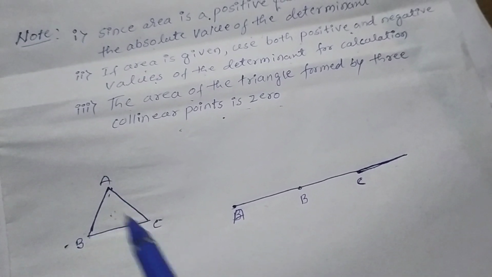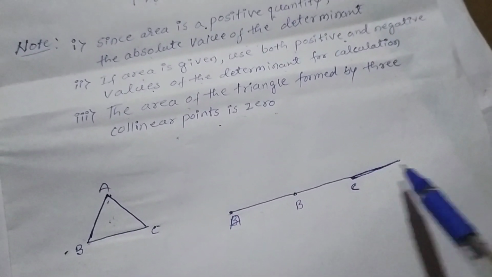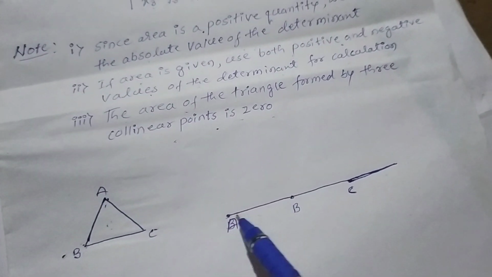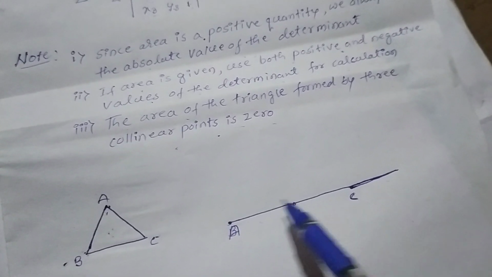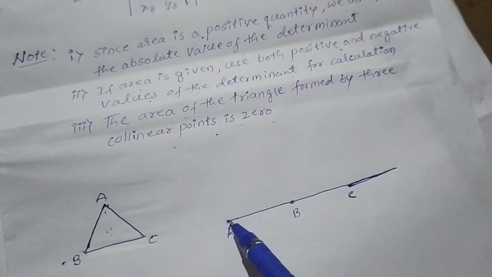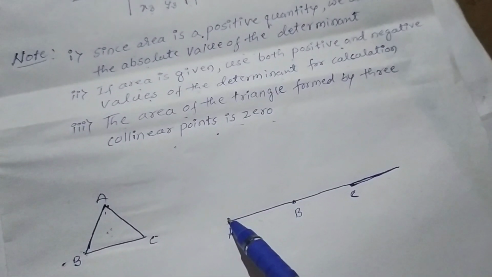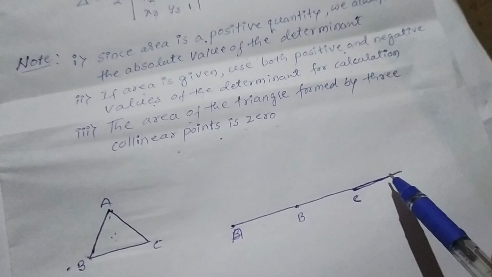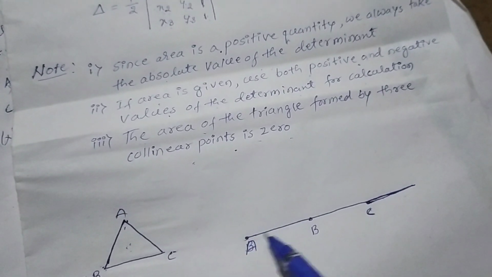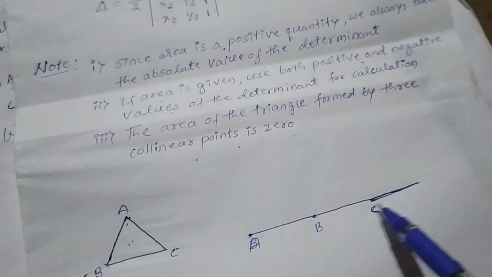Here it has an area, but here it forms a straight line and has no area, so the area of the straight line is 0. So the area of collinear points is 0.